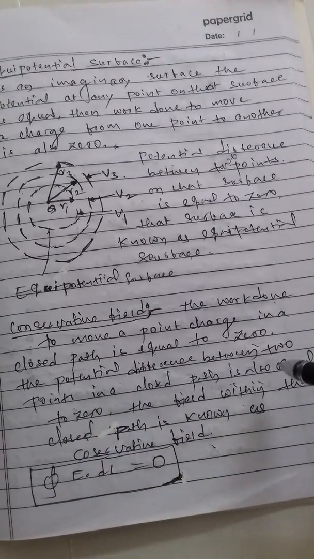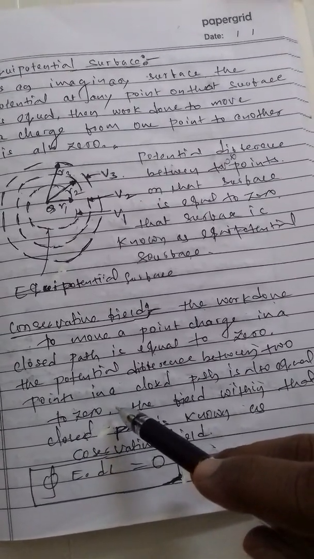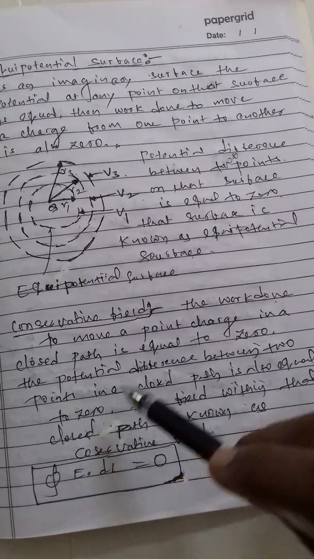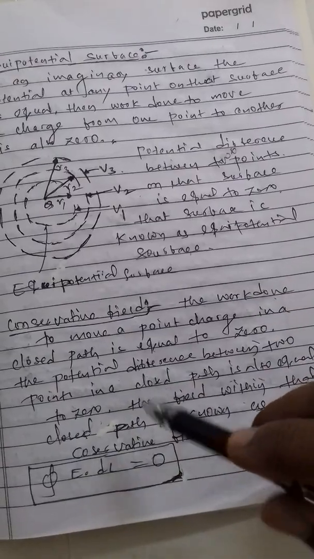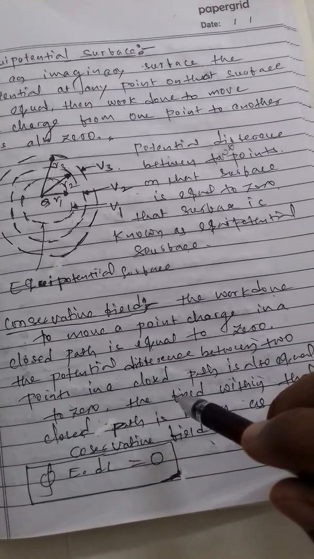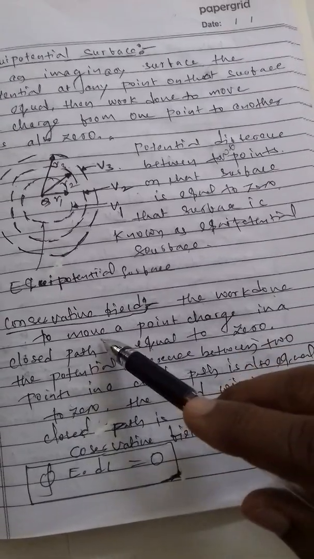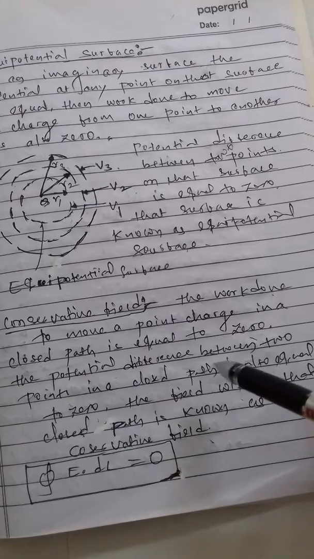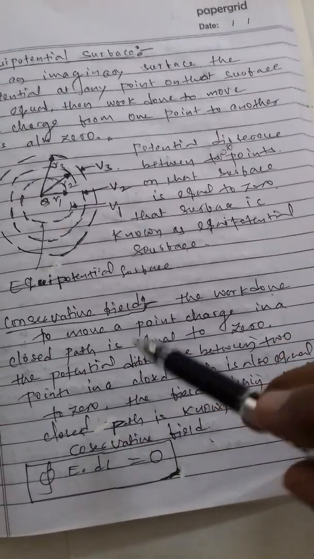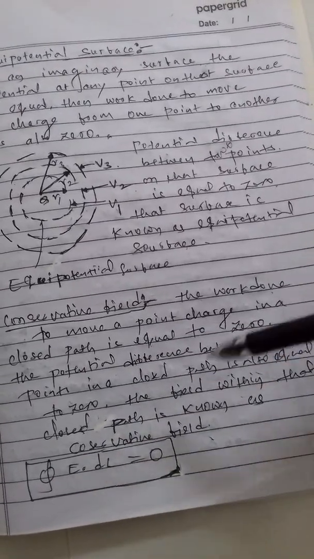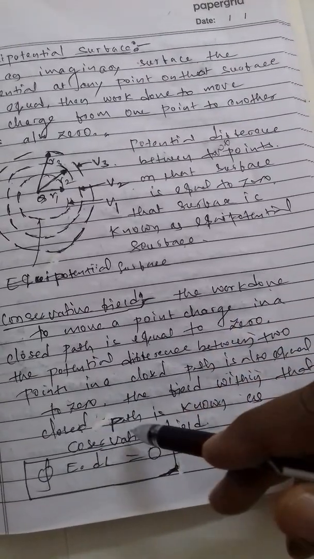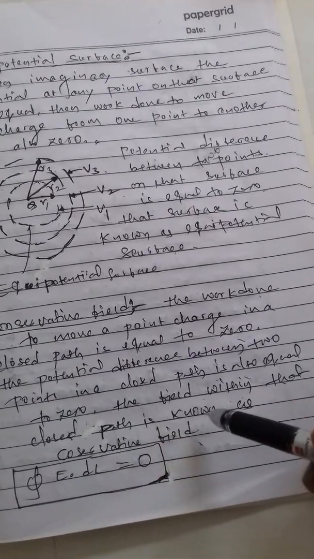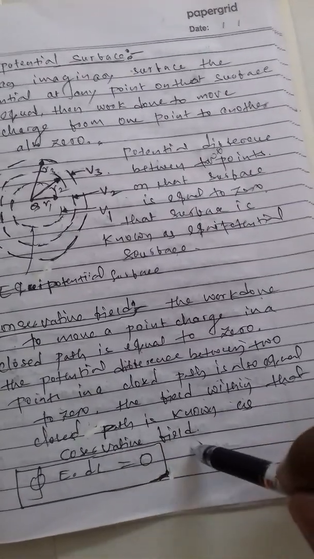The potential difference between 2 points in a closed path is also equal to 0, because if a unit positive charge is moved from one point to the other point in a closed path, then the work done is equal to 0, so the field within that closed path is known as the conservative field.